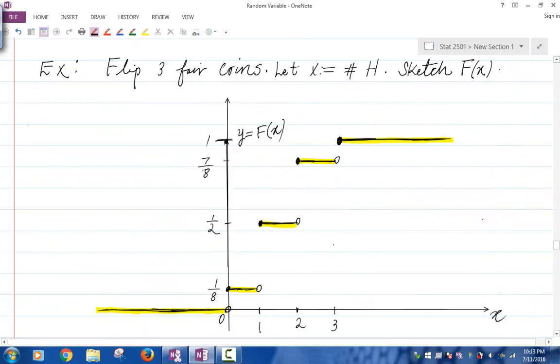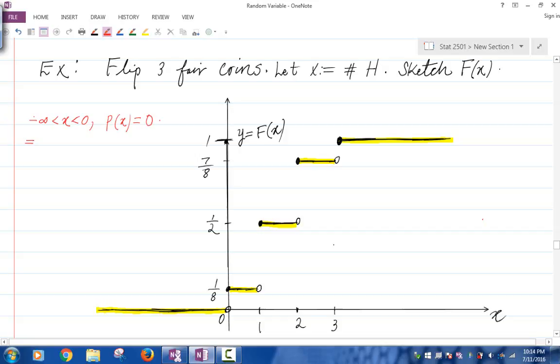So here, first of all, when x is between negative infinity and 0, strictly less than 0, in that case we know that for any of these values the PMF of X is 0, the probability that X is x is 0, because none of them are valid values of X. Remember, the values of X are 0, 1, 2, or 3.